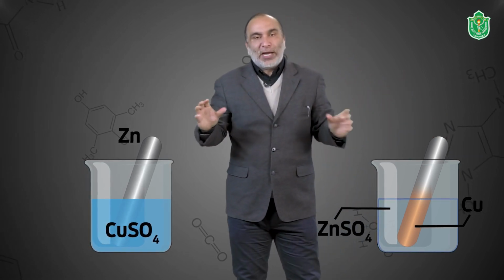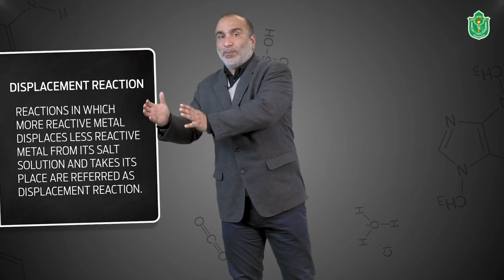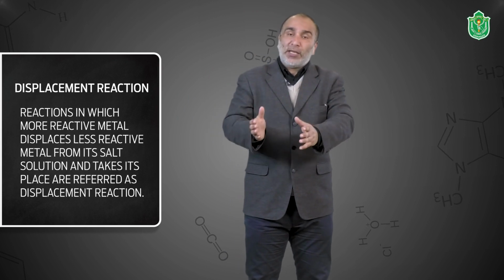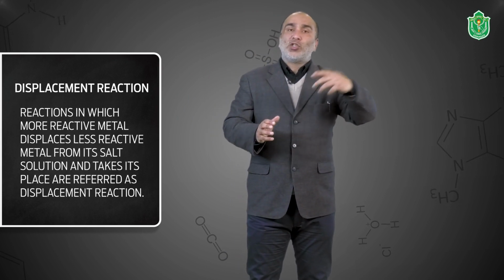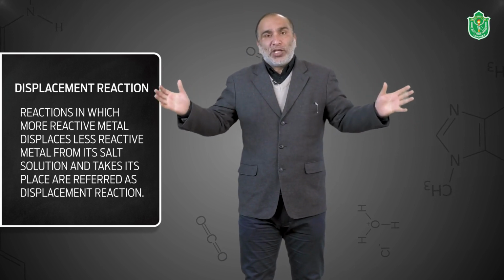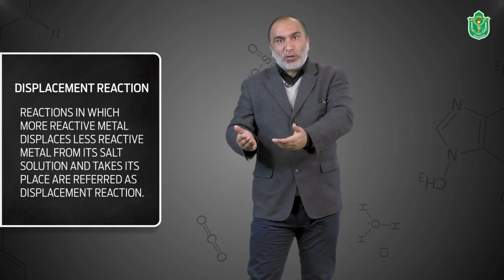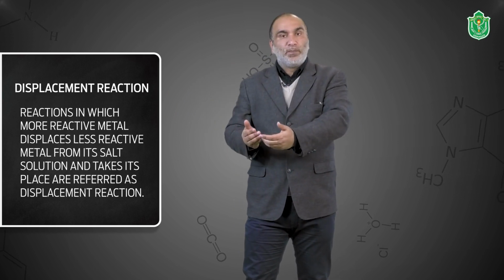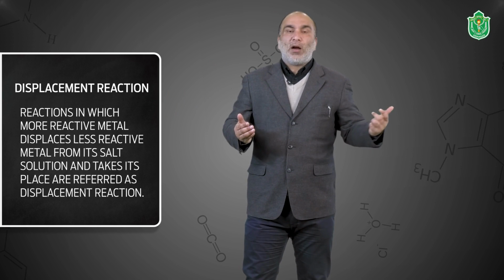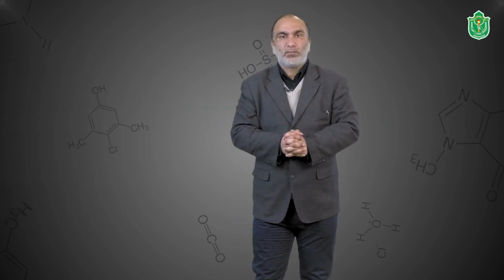So in this reaction, we observe that a more reactive metal displaces a less reactive metal from its salt solution and takes its place. Such reactions in which a more reactive metal displaces a less reactive metal from its salt solution and takes its place are referred to as displacement reactions.